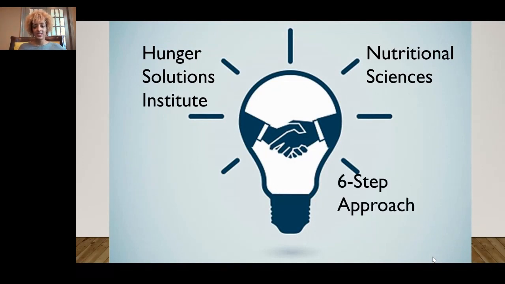So we developed a 6-step approach, and today we'll dive into that 6-step approach. At any time, please feel free to ask questions as we make our way through it. And as we get to the end, I invite you to decide if you'd like to implement this 6-step approach and become a partner at your campus or a campus that's near and dear to you.